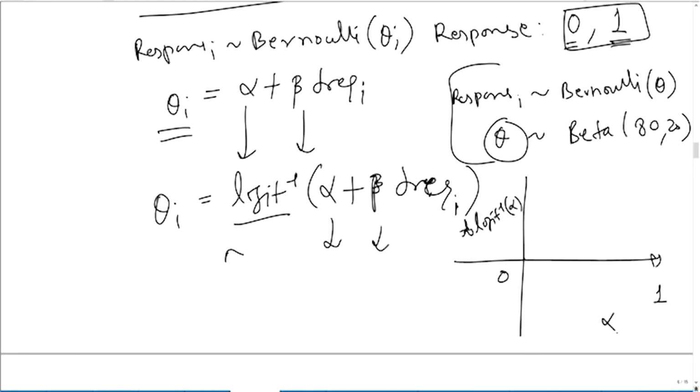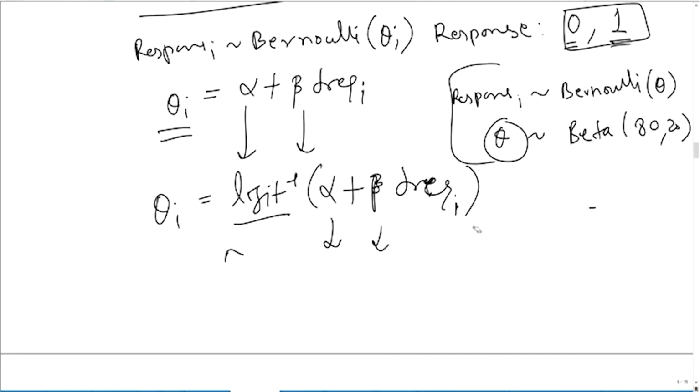So let's say alpha can take any values between minus infinity and plus infinity. The value of inverse logit would be strictly between 0 and 1. So let's say here is 0, here is 1. It looks like this. Okay.